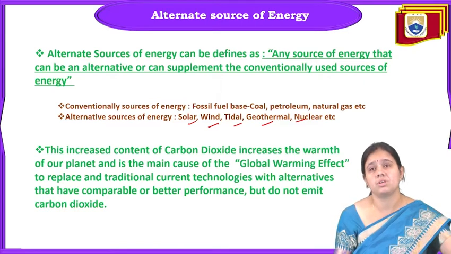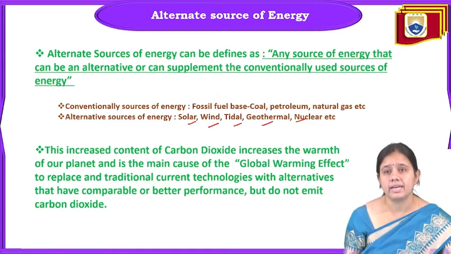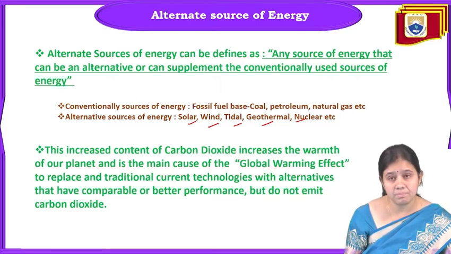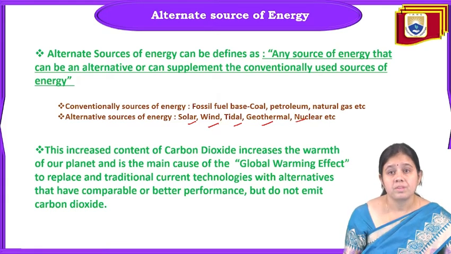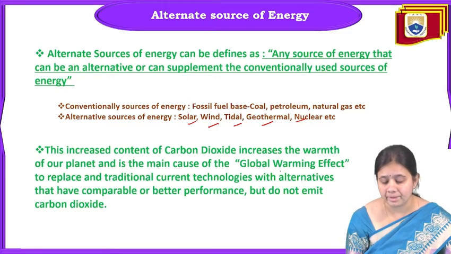Why do we have to shift to alternate sources of energy? Because the increased content of carbon dioxide increases the warmth of our planet, and is the main reason for the global warming effect. We need to replace traditional current technology with alternatives that have comparable or better performance, but do not emit any carbon dioxide. This ancient source of energy forms carbon dioxide, which is the main reason for global warming.